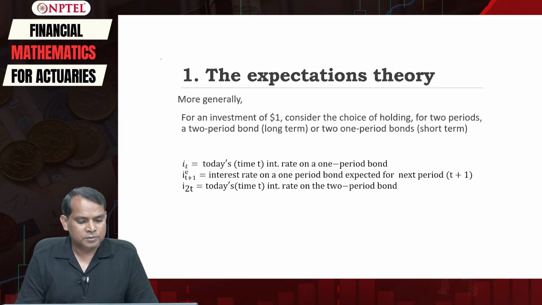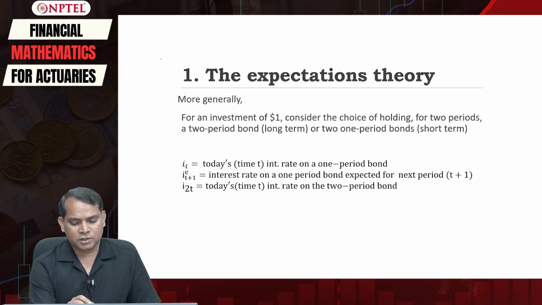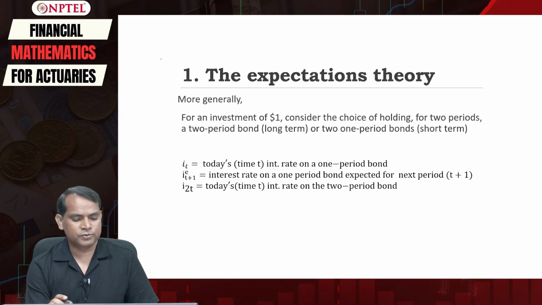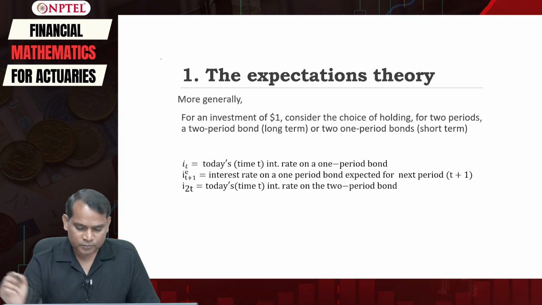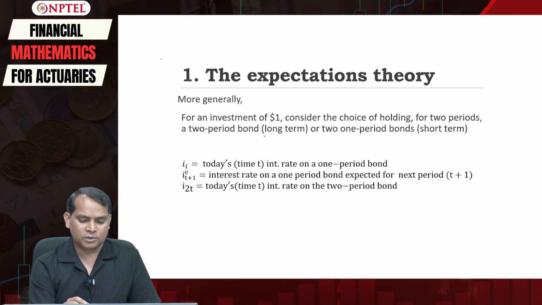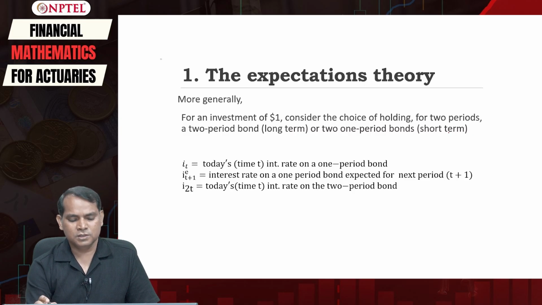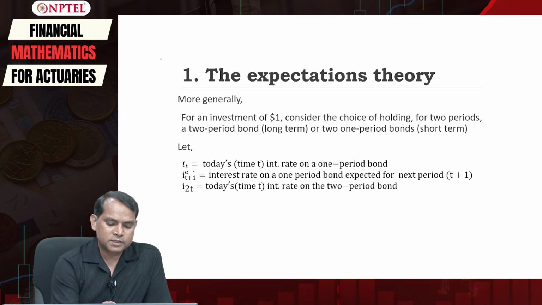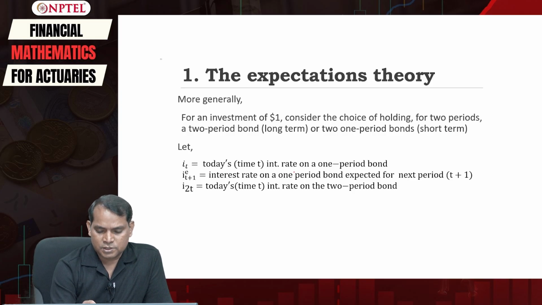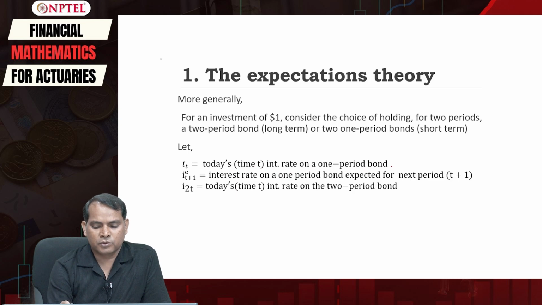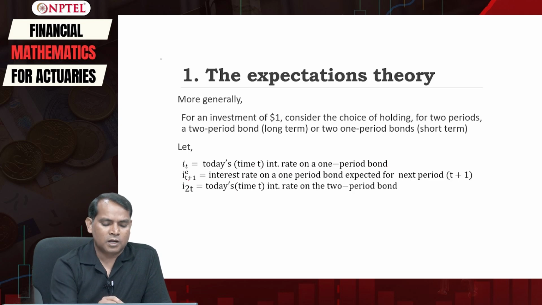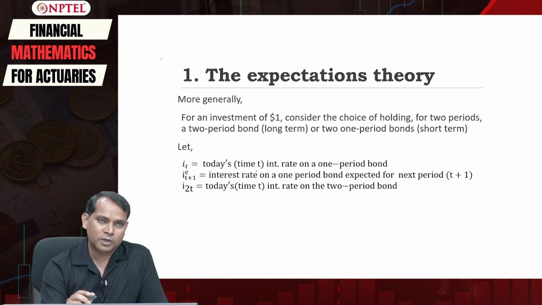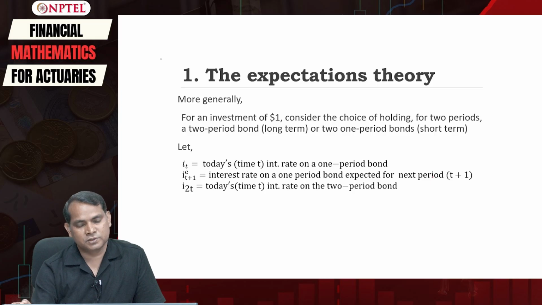More generally, for an investment of $1, consider the choice of holding for 2 periods a 2-period bond, that is the long term bond, or two 1-period bonds, that is the short term bond. Let us denote that i_t is today's interest rate on a 1-period bond, or 1-year bond, and i_{t+1}^e is the interest rate on a 1-year bond expected for the next period.